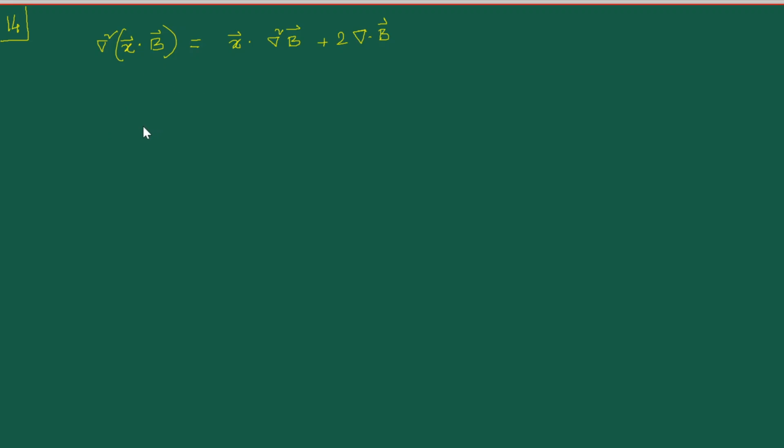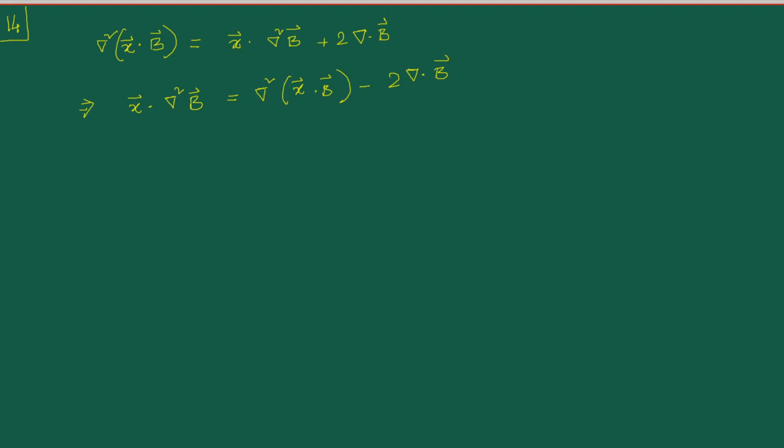So what we do is we write this like this. It's just a little bit of a transposition. So x dot Laplacian of the b vector is equal to the Laplacian of x dot b vector minus twice the divergence of the b vector. Now we are going to note a few things.